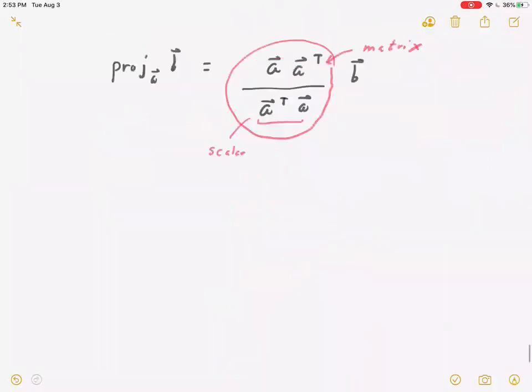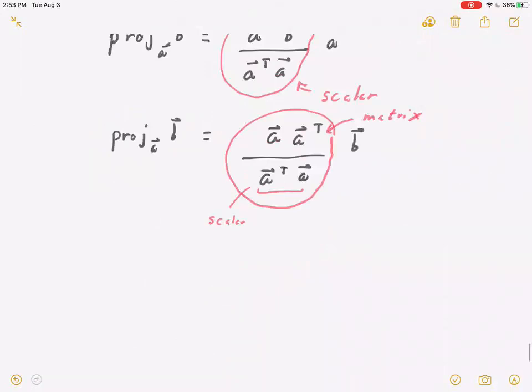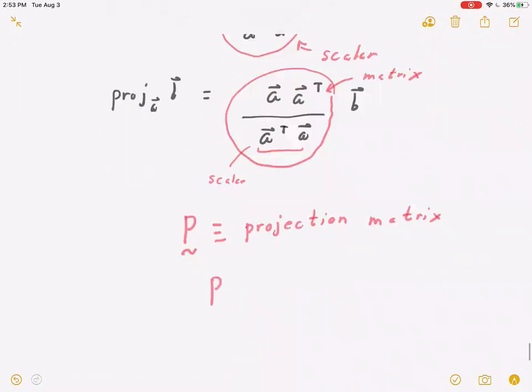So I will define something P, so this is a definition, as a projection matrix. P will be A times A transpose, that's a matrix, divided by a scalar. Note the numerator and denominator for this expression are different.